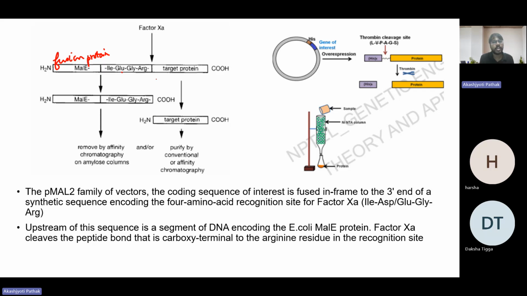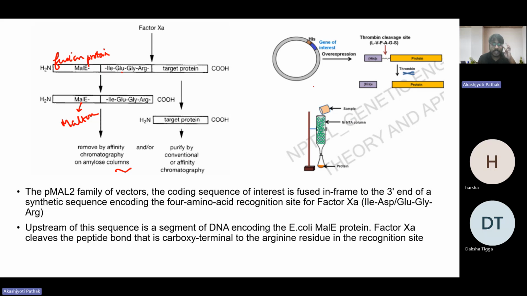Now you have separated your target protein from your fusion protein. This can be removed by affinity chromatography on amylose columns. The amylose resin can specifically bind to your MBP, the maltose binding protein. So this will bind to your amylose column, and your protein of interest will get eluted, while this tag remains bound to your column. Is it clear?